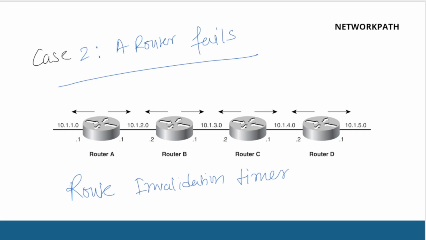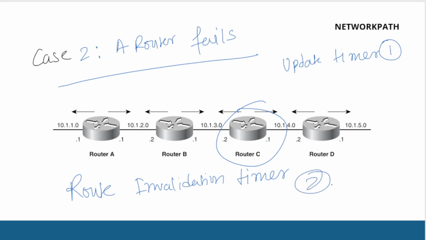C in this case is running two timers: one is its update timer, and second is the route invalidation timer. Upon the update timer, it sends an update, and upon expiration of the route invalidation timer for a specific route, it will remove that route or make it unreachable.